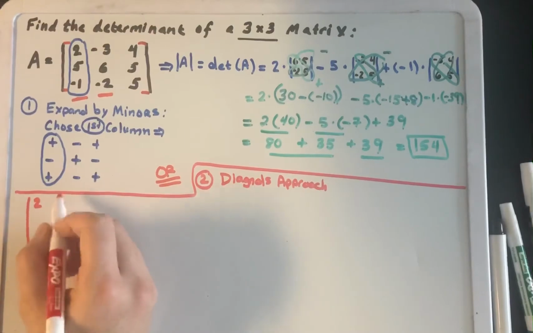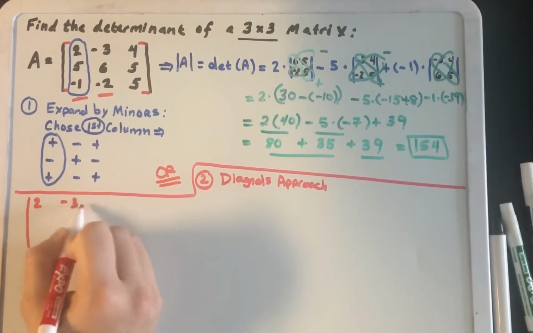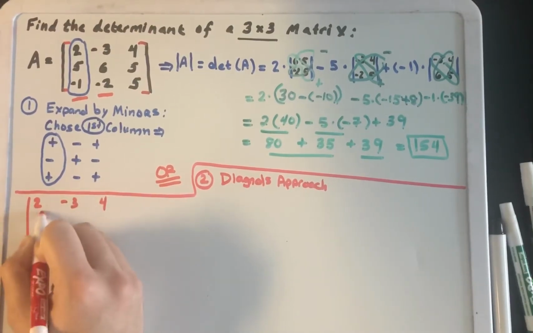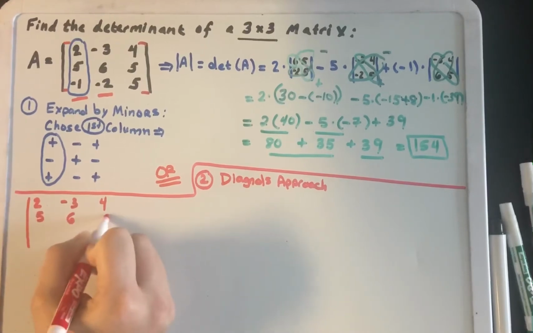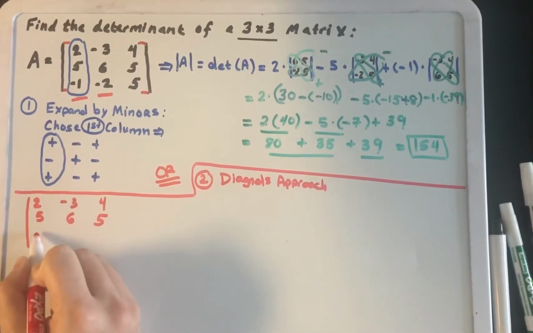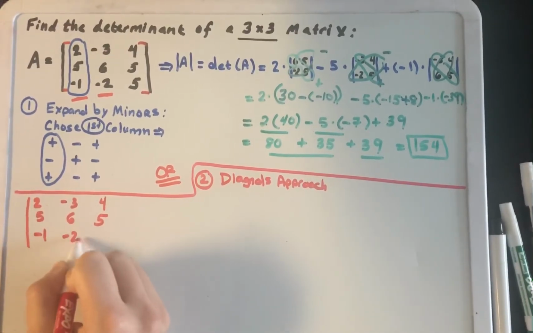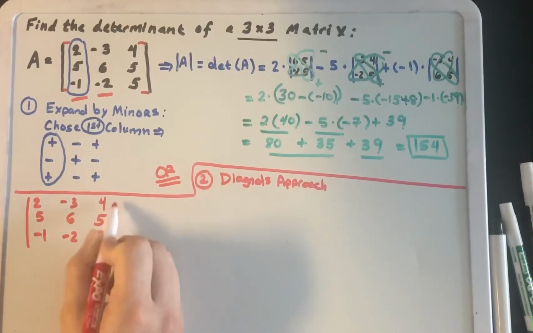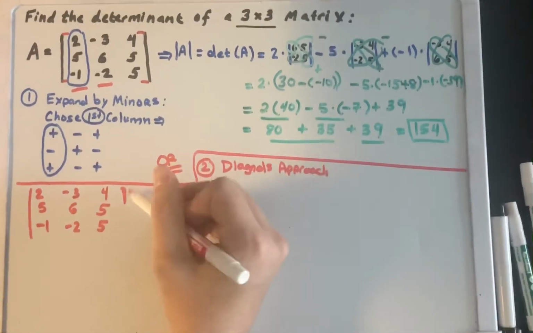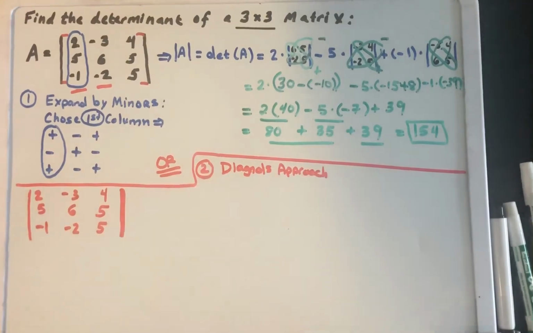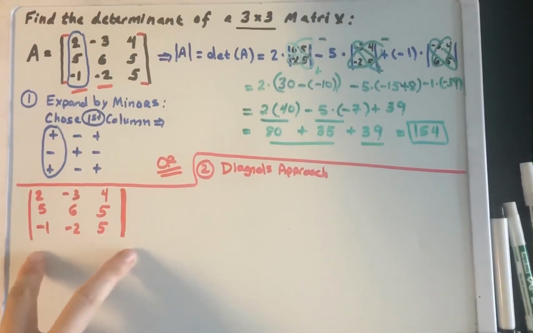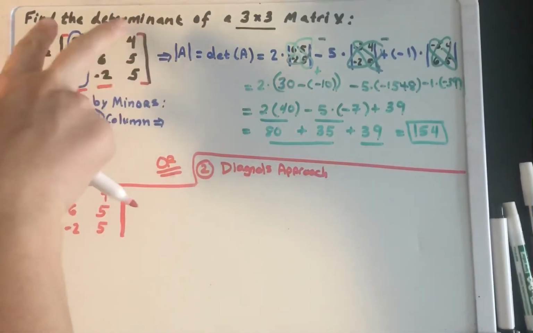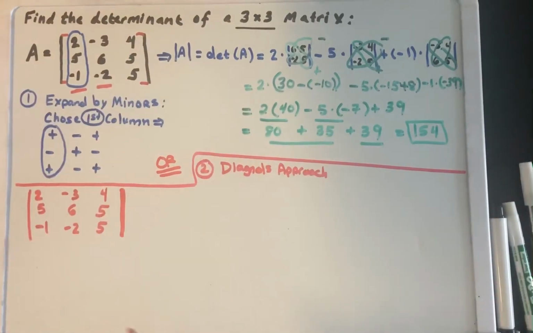So the determinant version was 2, negative 3, 4, 5, 6, 5, negative 1, negative 2, and 5, if I copied that correctly. So to find its determinant, that's what the absolute value looking bars mean. Without the absolute value bars, the brackets are just the original matrix. I should have copied that better, sorry.